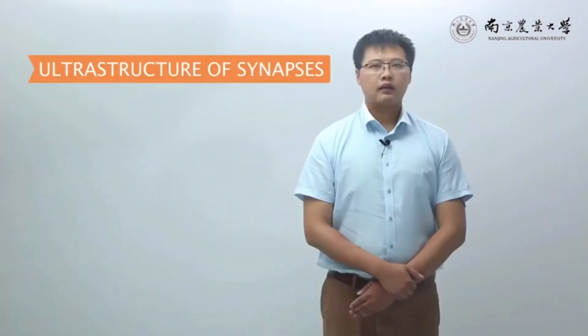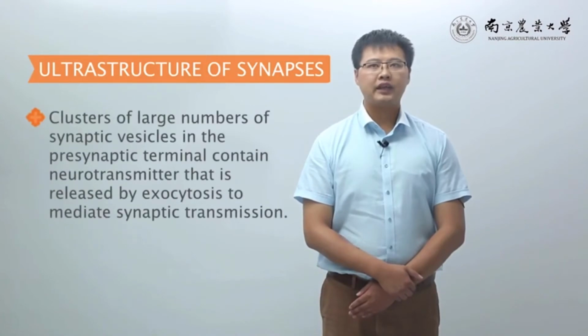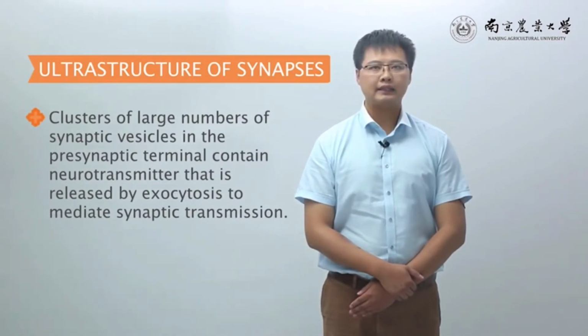In the area of membrane opposition, presynaptic and postsynaptic membranes are separated by a narrow synaptic cleft, 12 to 30 nanometers wide. Clusters of large numbers of synaptic vesicles in the presynaptic terminal contain neurotransmitter that is released by exocytosis to mediate synaptic transmission.